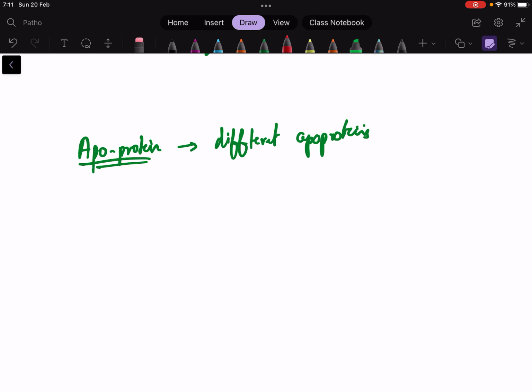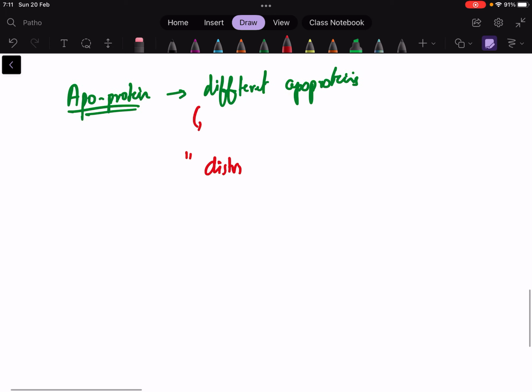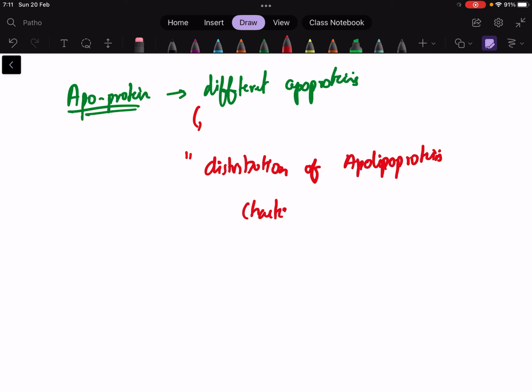This statement is taken from your biochemistry textbook, so I want everyone to pay attention. The distribution of apolipoproteins characterizes the lipoprotein.